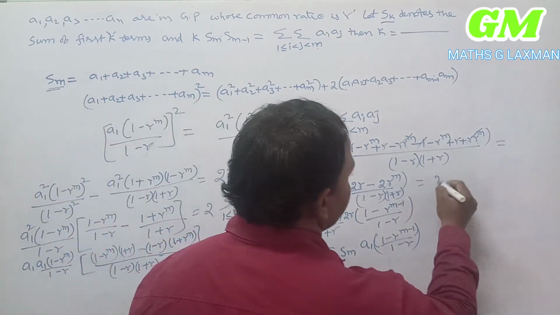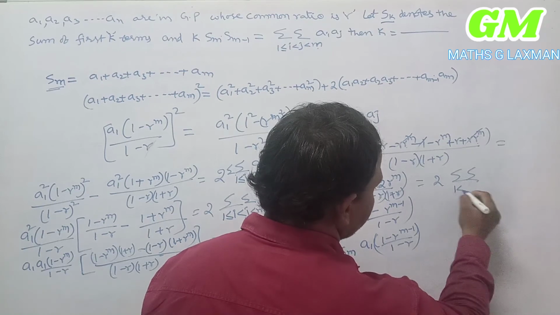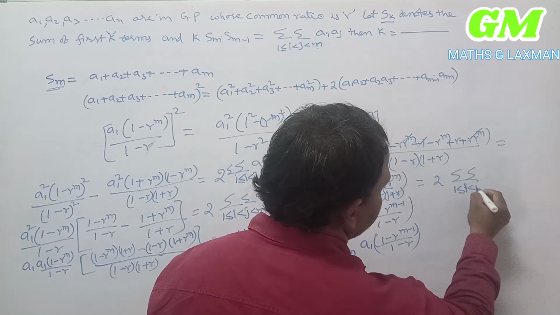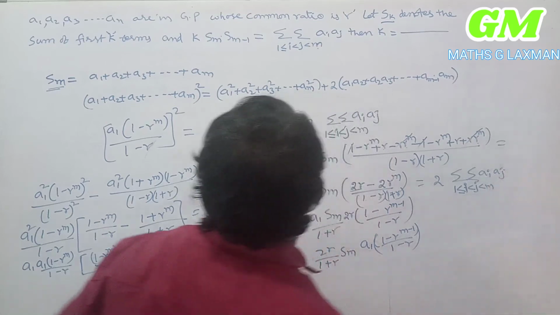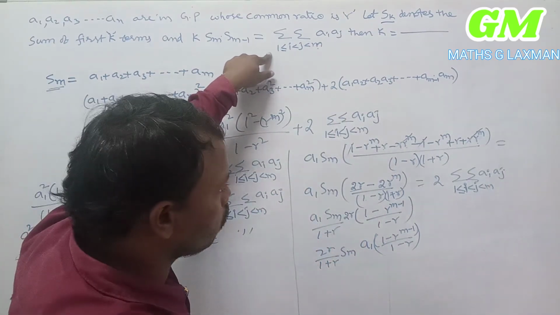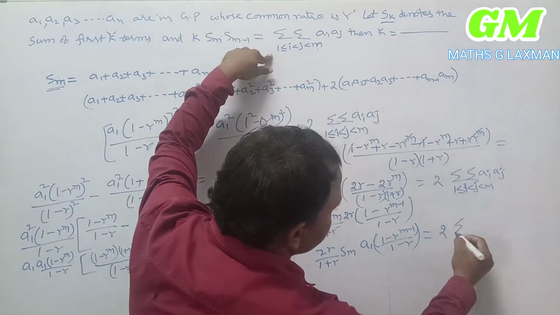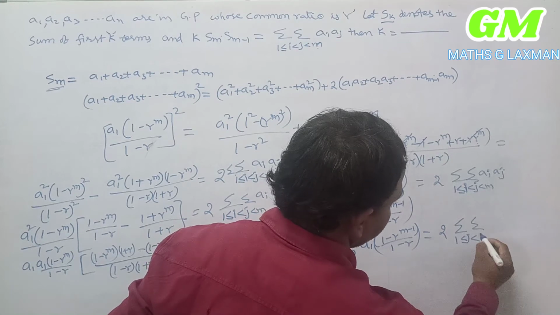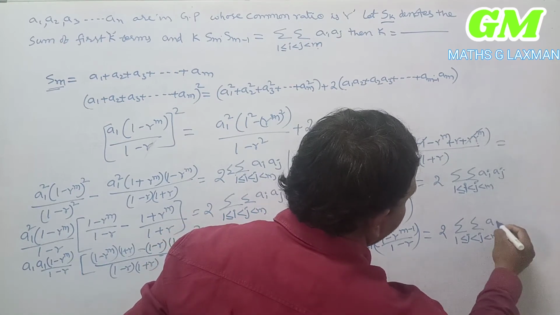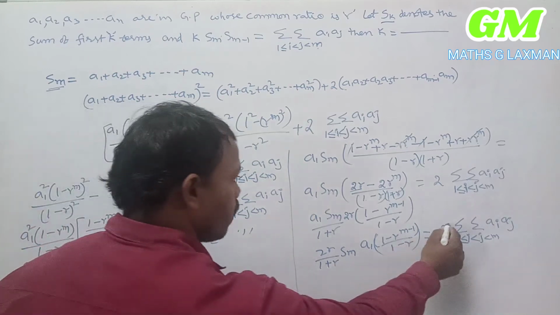Okay, so 2 into the summation of 1 ≤ i < j < m, a_i a_j. So here we have the same formula, which is equal to 2 into the summation of 1 ≤ i < j < m, a_i a_j. So on both sides 2 will be cancelled.